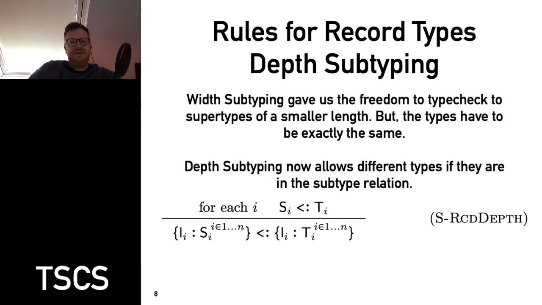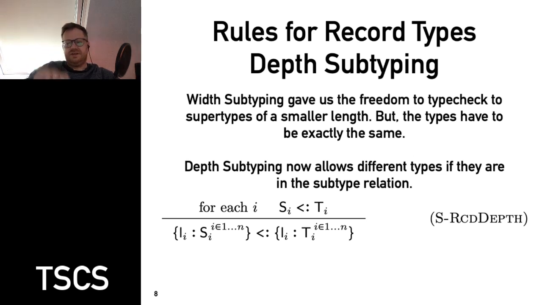However, the types in this width subtyping still need to be exactly the same. However, we just learned that this might be a little bit conservative, so we introduced depth subtyping. That means that we can have a record that has subtypes of the types defined in the other record type. So again, look at this rule.